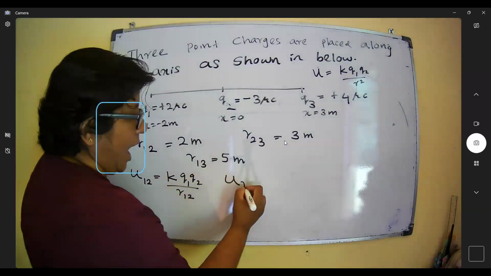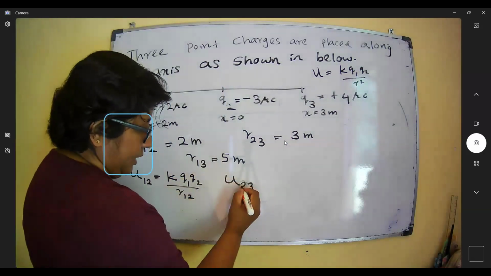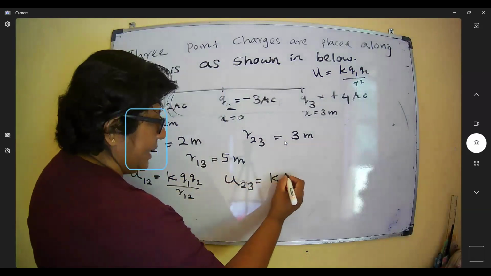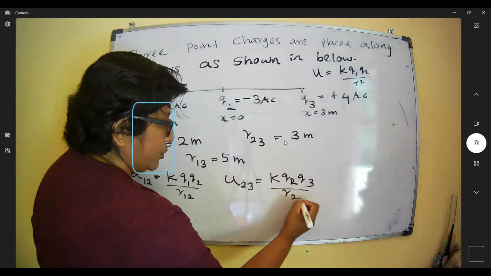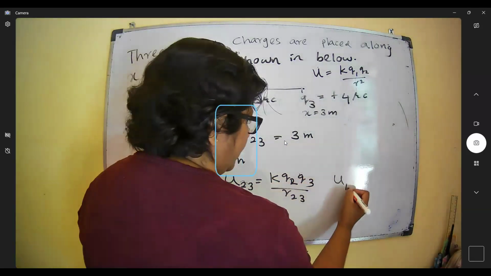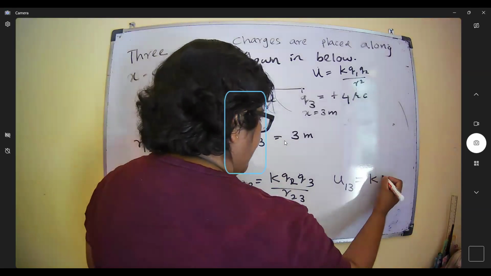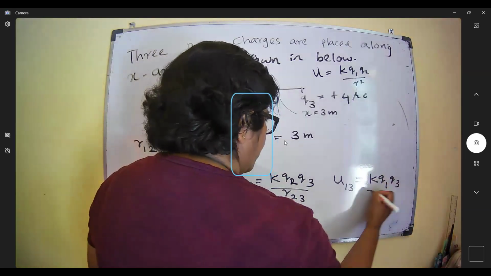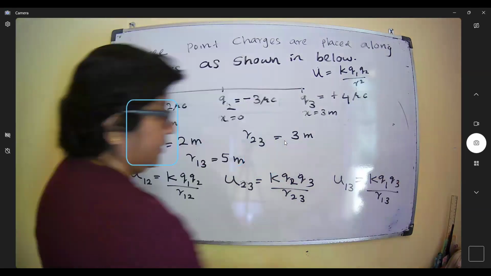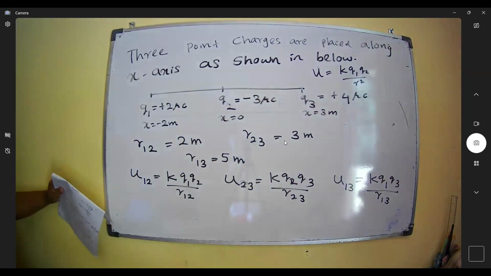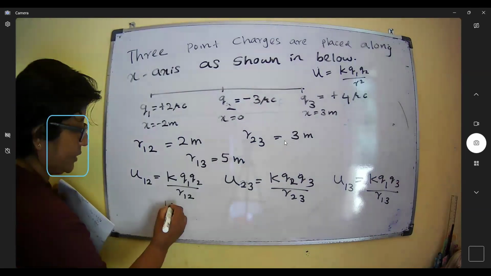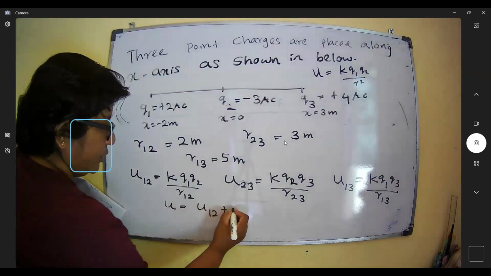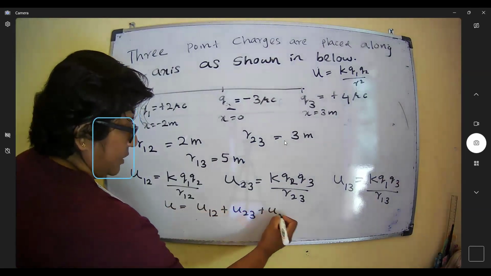Another one, due to 2 and 3, K Q2 Q3 over R2,3. Then another one, between 1 and 3, K Q1 Q3 divided by R1,3. Then we can add all together to find the potential energy of the system: U is equal to U1,2 plus U2,3 plus U1,3.